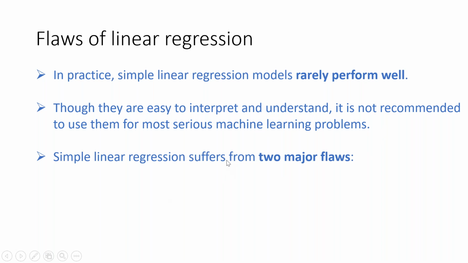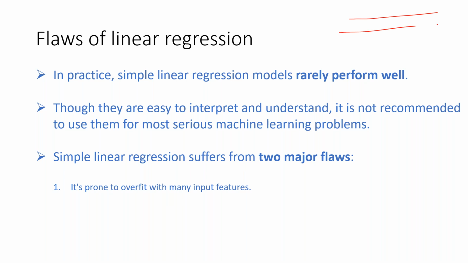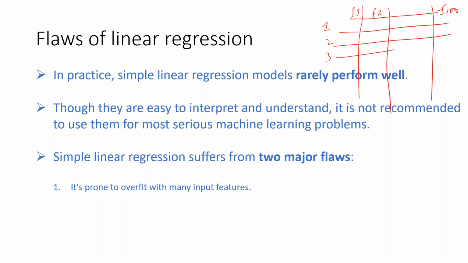Simple linear regression suffers from two major flaws, which we already discussed in our toy project. One is that it is prone to overfit with many input features. If I have a table with 100 features, F1, F2, like that up to F100, and my observations are only 100, then this data has too many features.